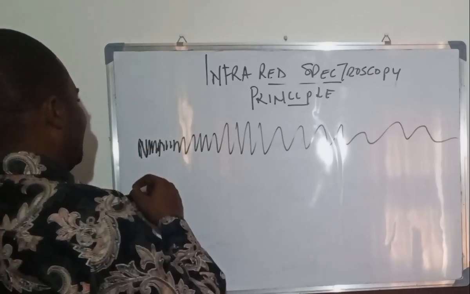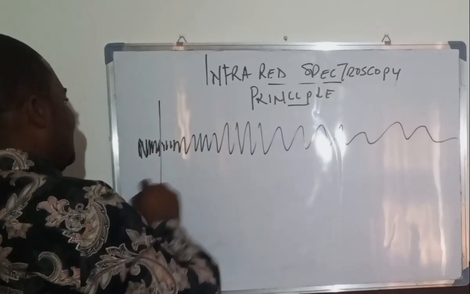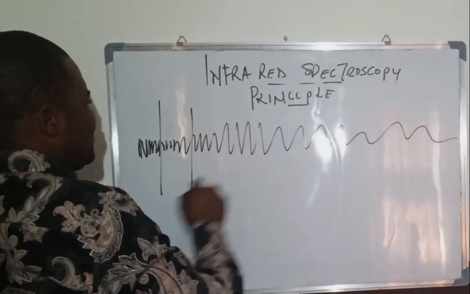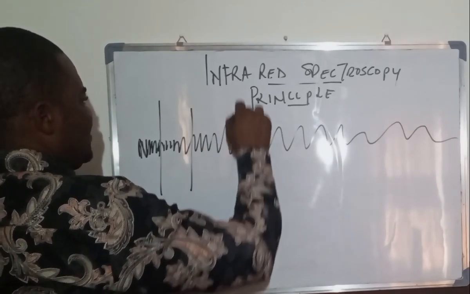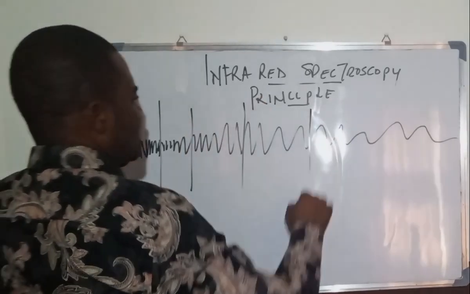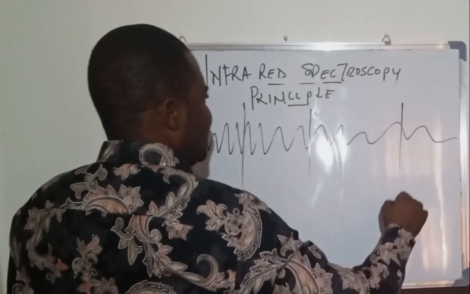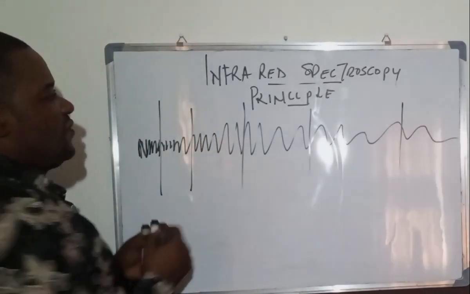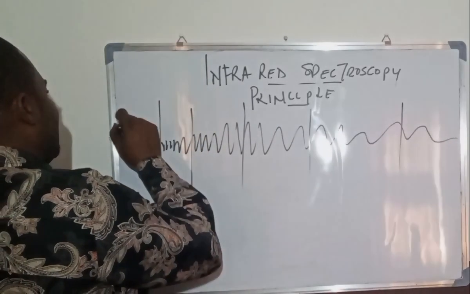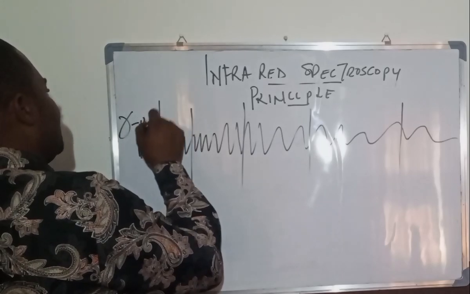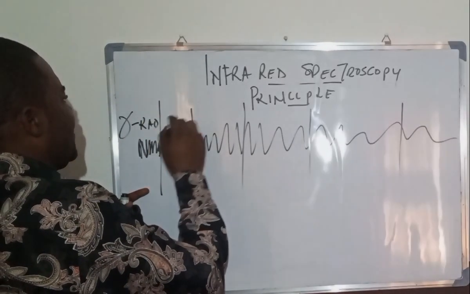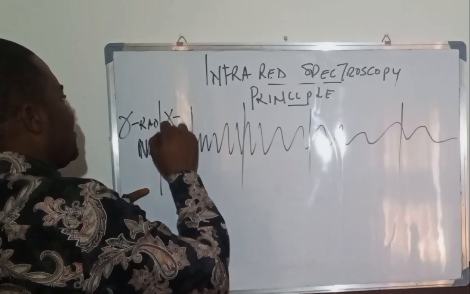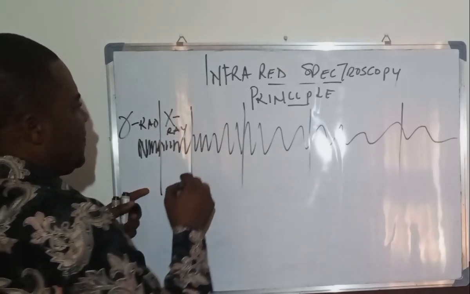This can be your gamma radiation, and then this is your X-ray radiation.